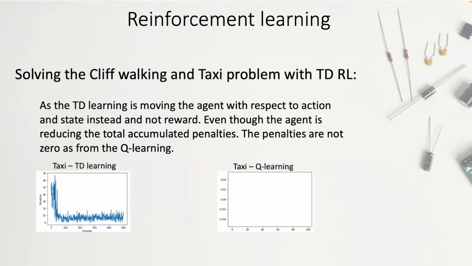As TD learning is moving the agent with respect to action and state, and not on reward, even though the agent is reducing the total accumulated penalties, the penalties are not zero as with Q-learning.